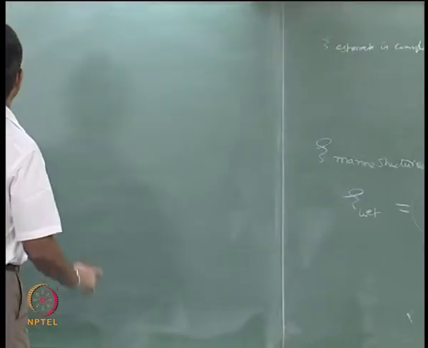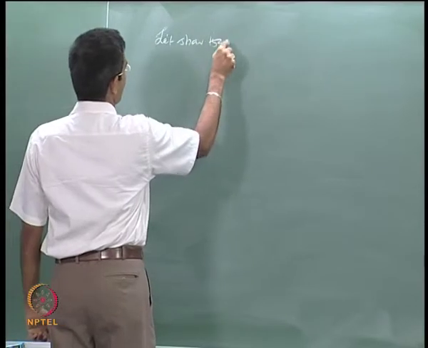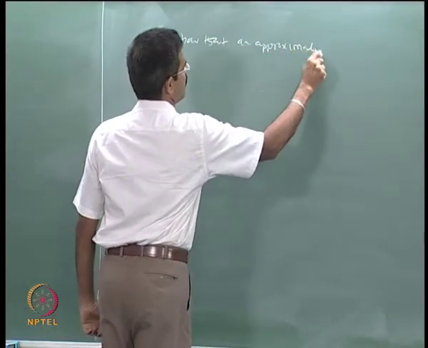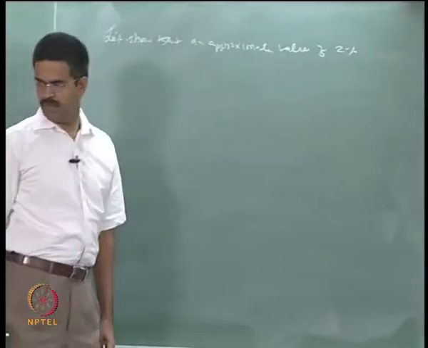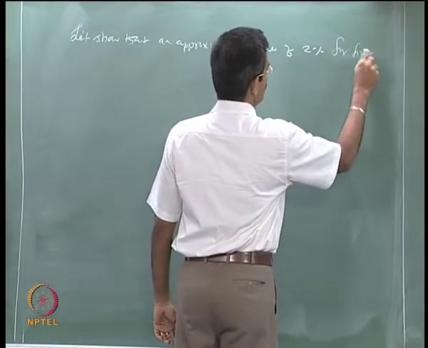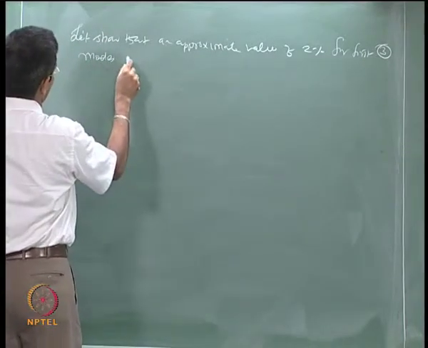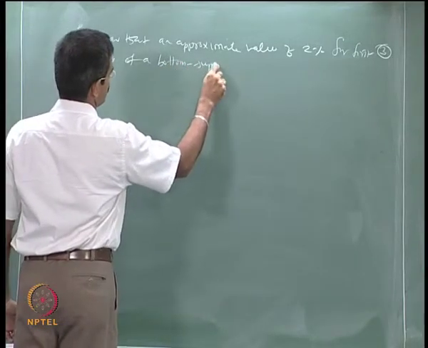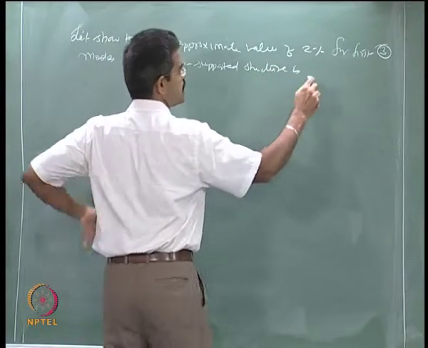Having said this, the literature shows that an approximate value of 2% for the first 3 modes of a bottom supported structure is alright.